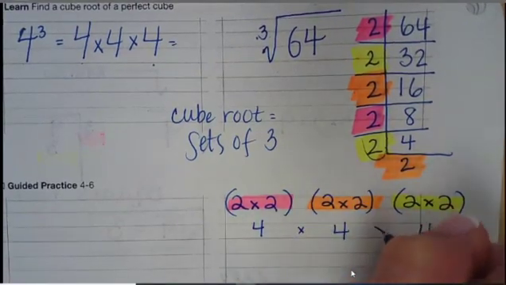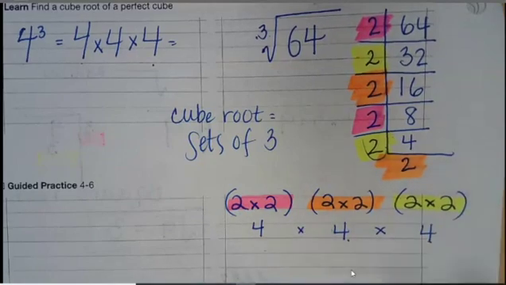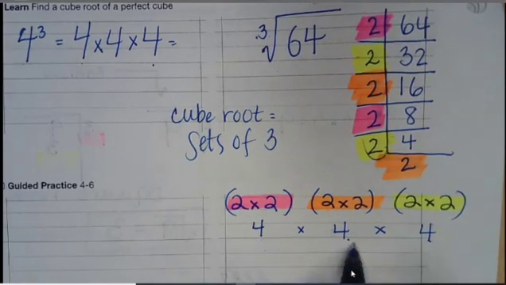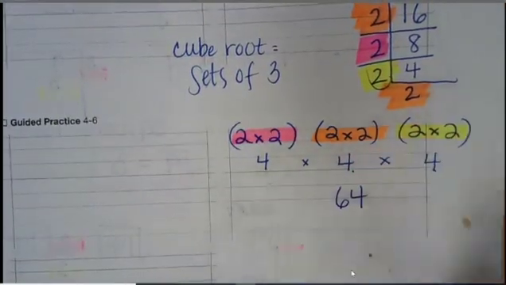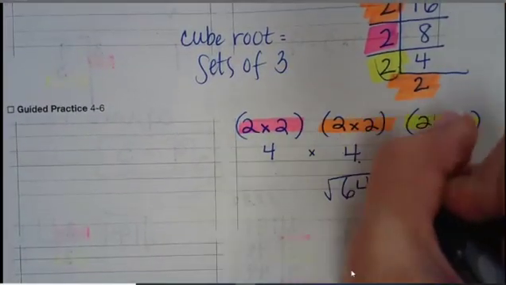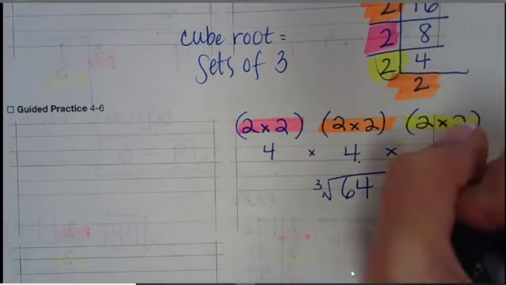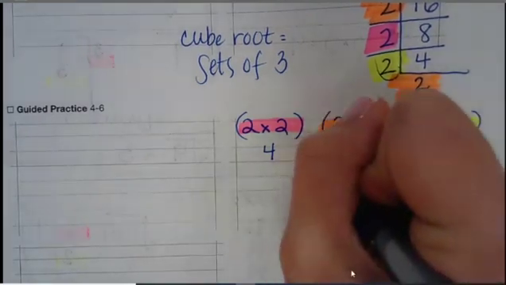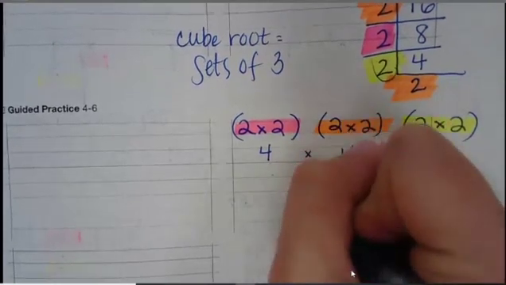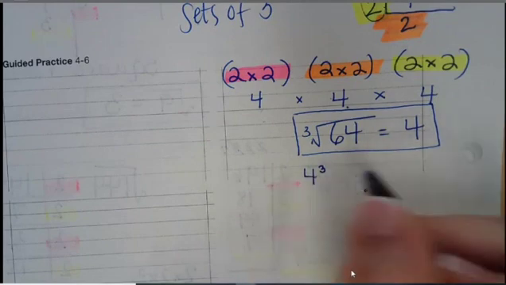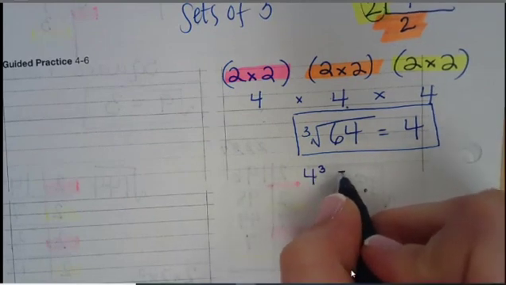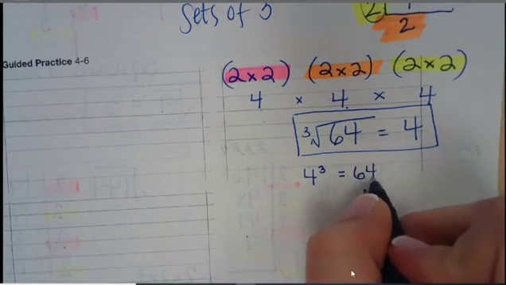And then I can check it. Does 4 times 4 times 4 equal 64? 16 times 4 is 64. So the cubed root of 64 is equal to 4. Which I should also then be able to say that the cube of 4 is 64.